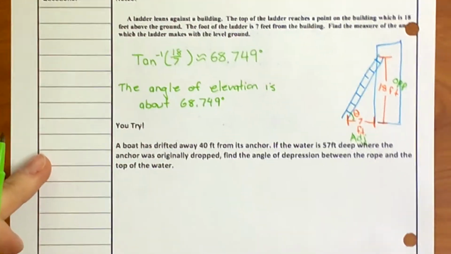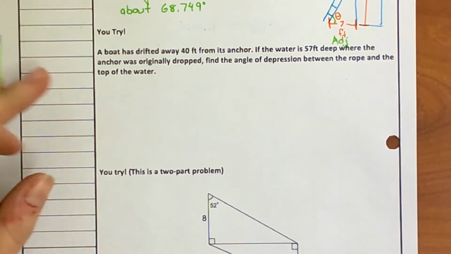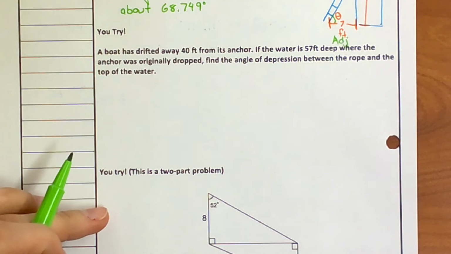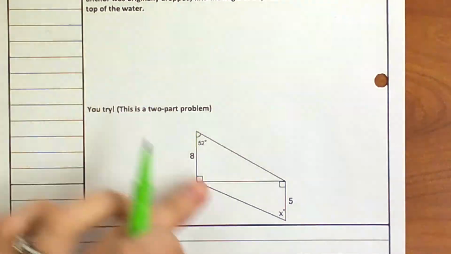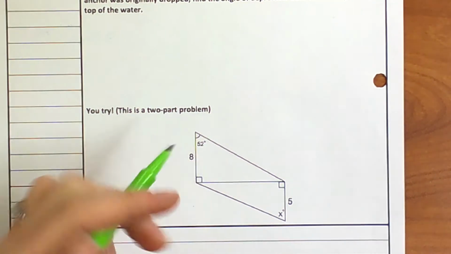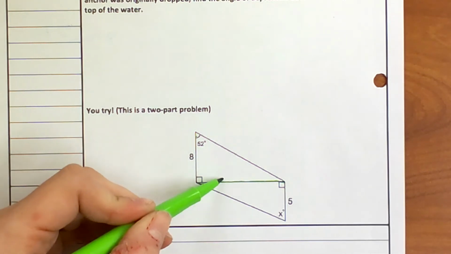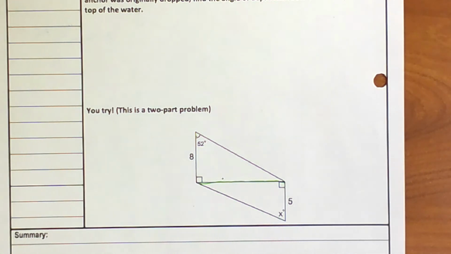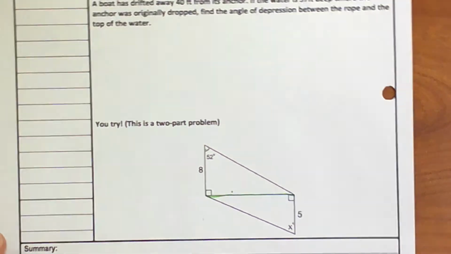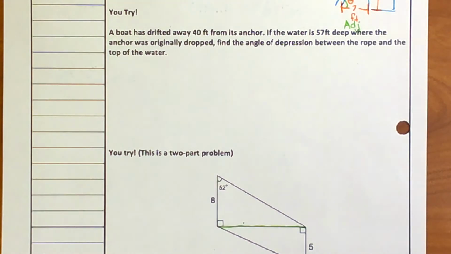Okay, go ahead and pause the video, and I want you to try these last two problems. One is a word problem, and then this is a two-part problem, so you'll have to solve for the shared side, and then you'll have to solve for an inverse for my degrees. So go ahead and pause the video and try it.